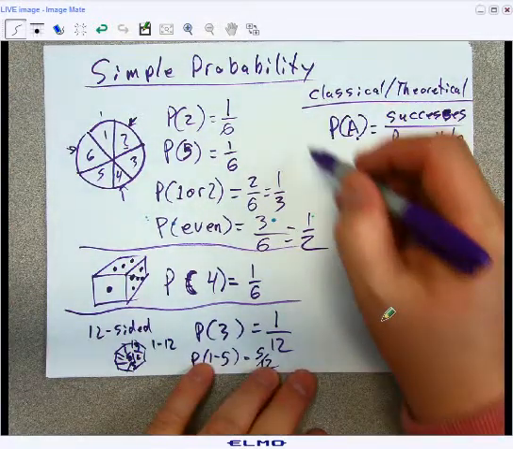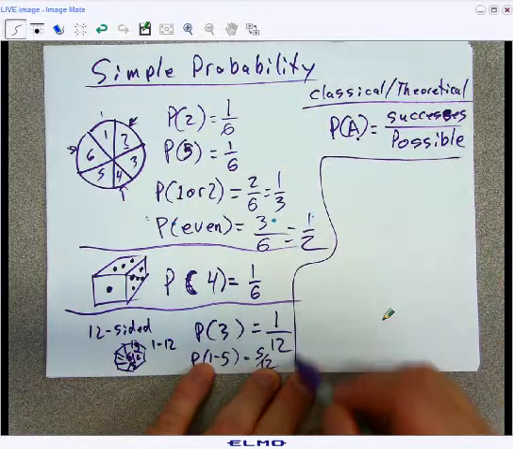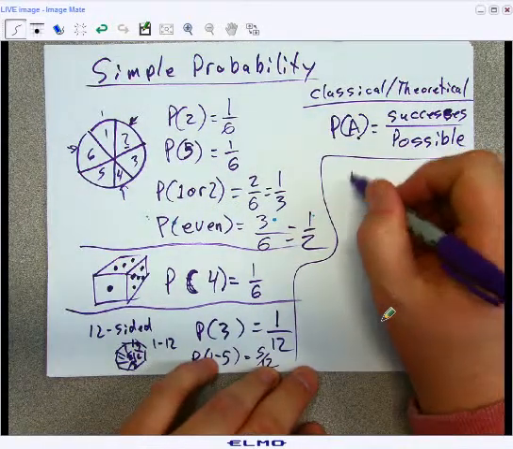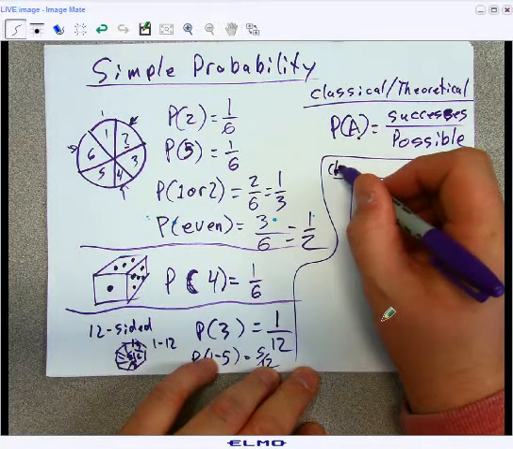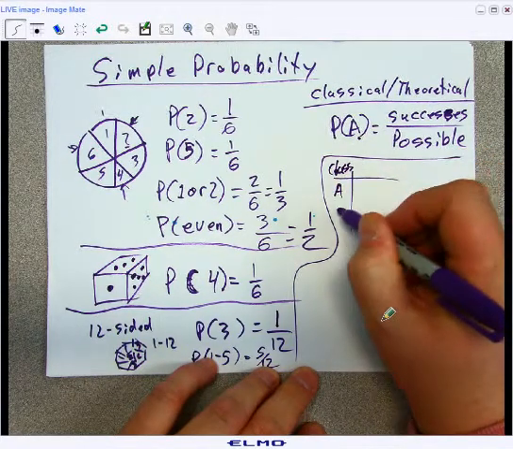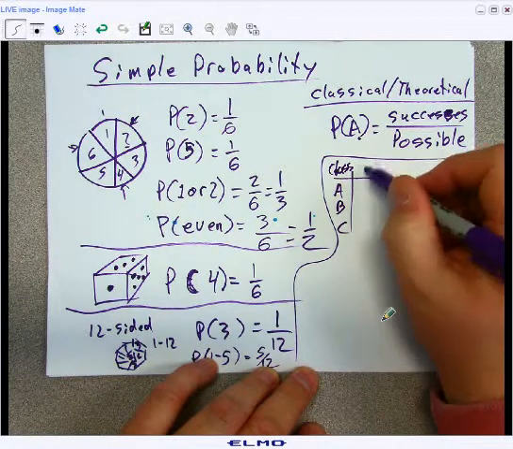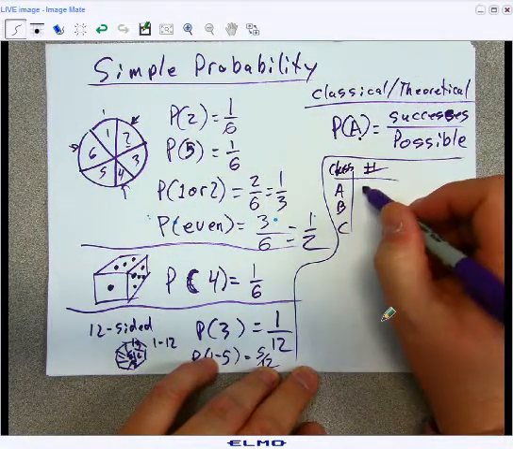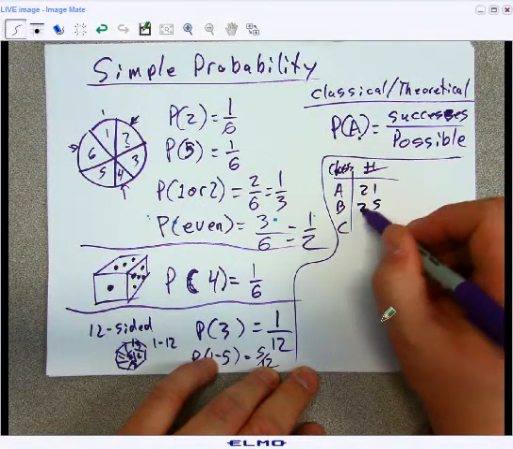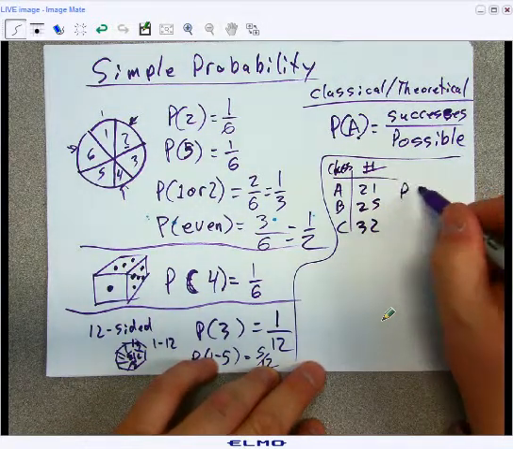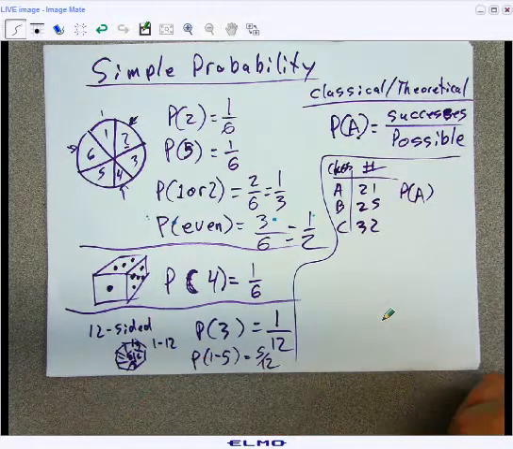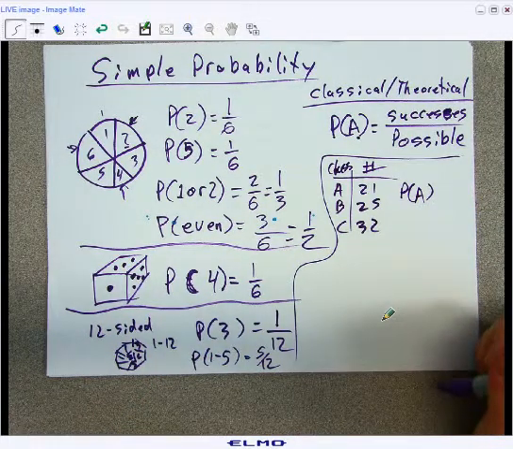Another way to think about this, and another common application, is let's say I have a chart. I have classes A, B, C. And the number of students in those classes is 21, 25, and 32. My question is, what's the probability that you're in class A? Well, the question becomes, what are the number of successes?